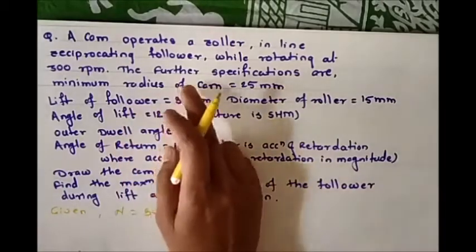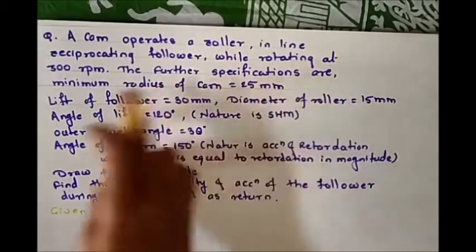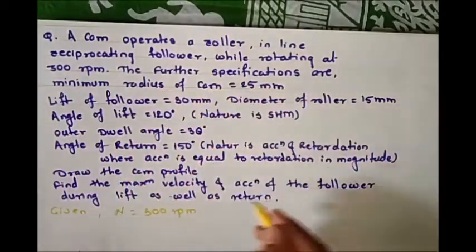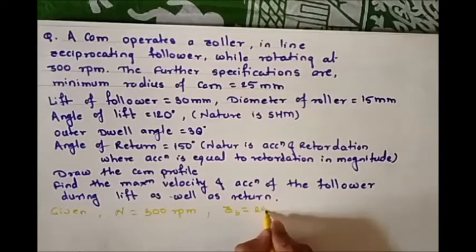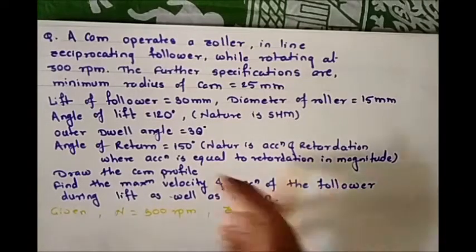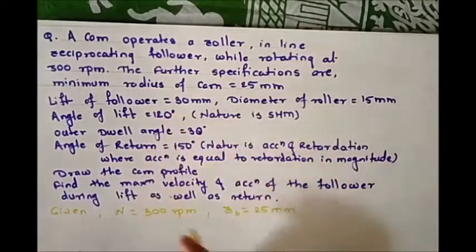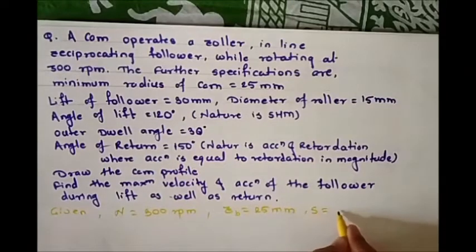Okay, then the further specifications are: minimum radius of cam is given, so r_b, that is base circle radius, is equal to 25 mm. Then lift of follower s is given, so s is equal to 30 mm.